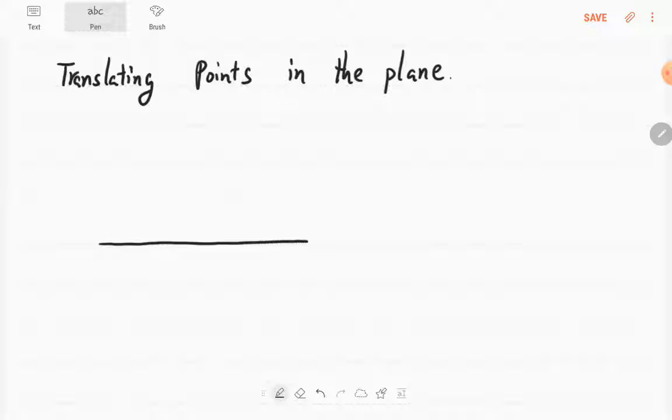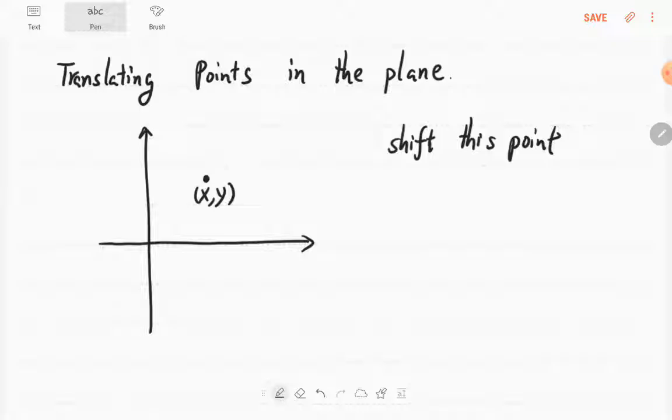So if you have a point x, y, we want to shift this point two units to the right and 5 units up.